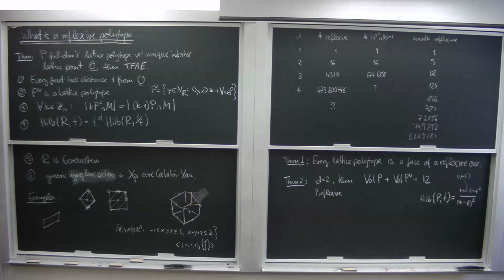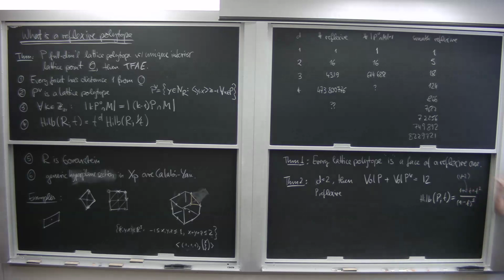And P polar would have the same form, but with a different coefficient. Yes, you plug in 12 minus v. Exactly. So the sum of them would be just 12, and that would be the sum of the two.